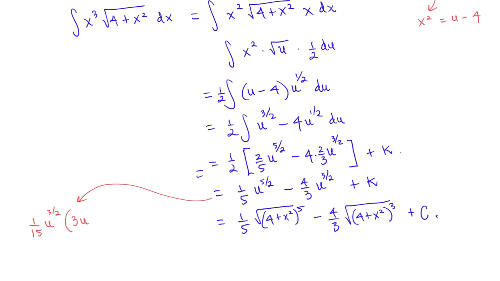Notice that 1 over 15 times 3 is 1 over 5, and u to the 3/2 times u is u to the 5/2, minus 20, because the common denominator is 15. 20 over 15 is 4 over 3. We then replace u with 4 plus x squared.